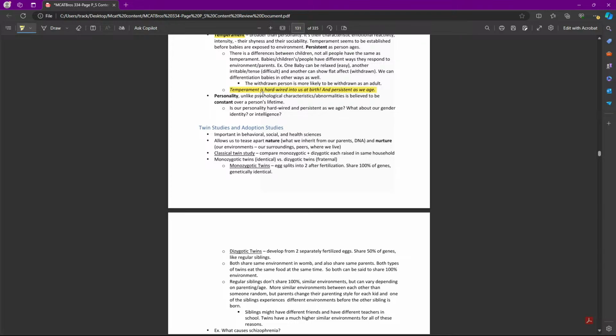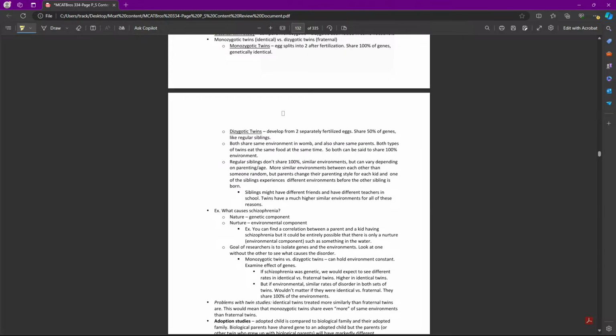So our classical twin study looks at monozygotic versus dizygotic twins in the same household, where monozygotic twins share 100% of their genes, while dizygotic twins share 50% of their genes. Both share the same womb environment and also the same parents. Both types of twins eat the same food at the same time, so both people have the same environment.